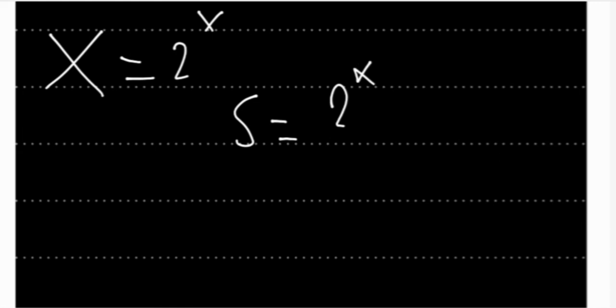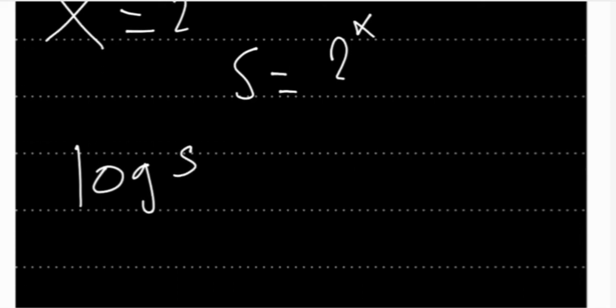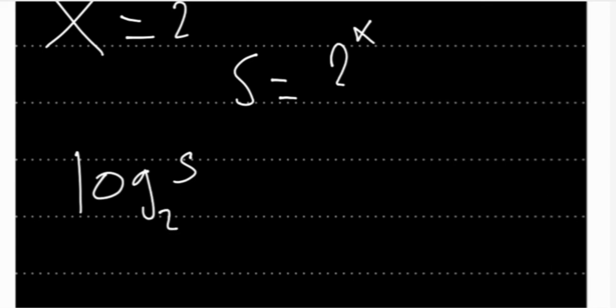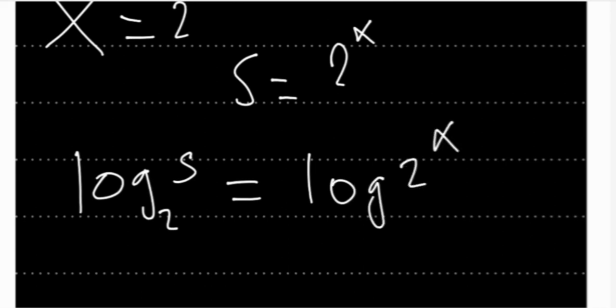We want to find x. Now we are going to use log because we want the value of x, not 2 to the x, right? So log of 5, and we are going to use it in the base of 2, okay, so that we can cancel this 2 over here. So if I use log in the base of 2 over here, we need to use it on the other side, right? So log of 2 to the x in the base of 2.